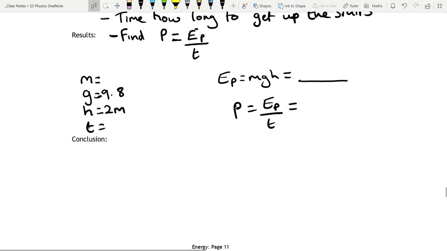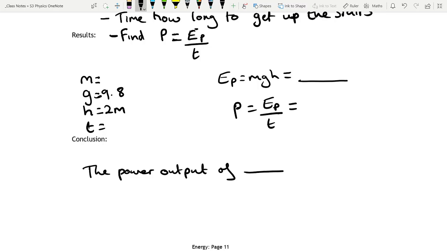And your conclusion will be basically the power output of whoever's doing it. You can all do it if you've got time, is something watts.